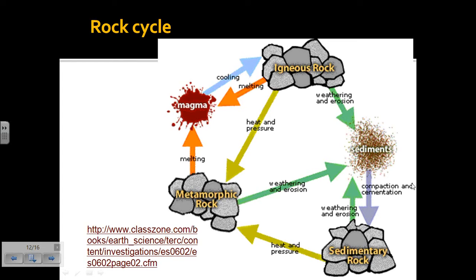In many cases, rocks can be formed from all directions. So part of the rock cycle is understanding that these rocks, whether igneous, metamorphic, or sedimentary, are all able to complete a cycle, to go from sedimentary rock to metamorphic and back to sedimentary if they want to, and so on and so forth with each of the types of rocks.